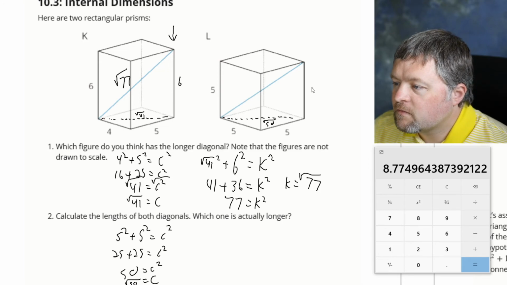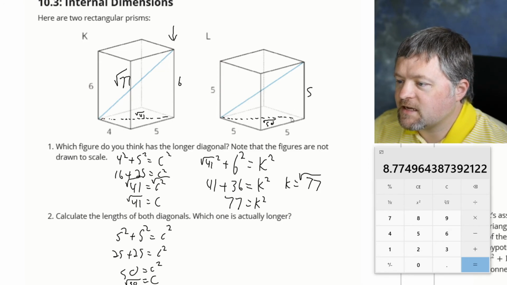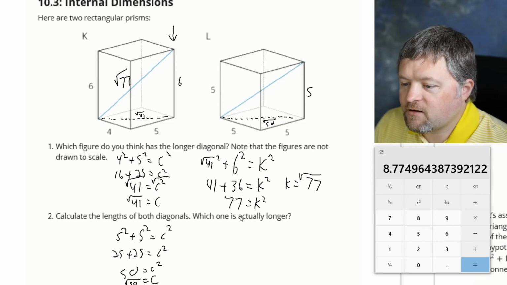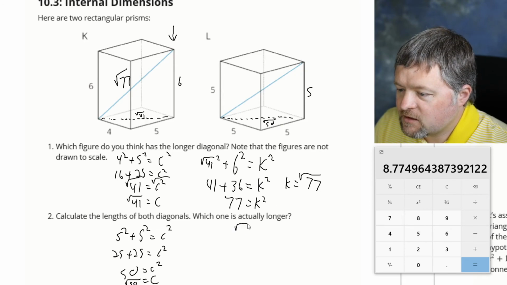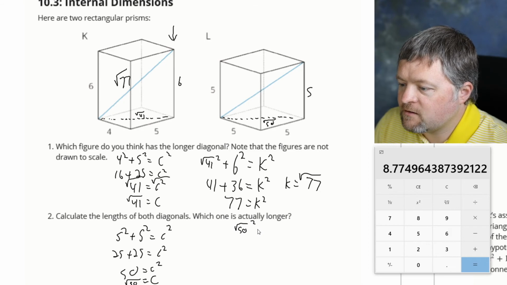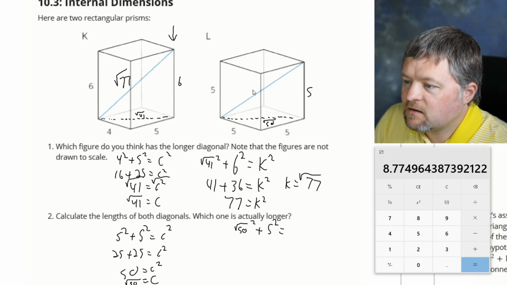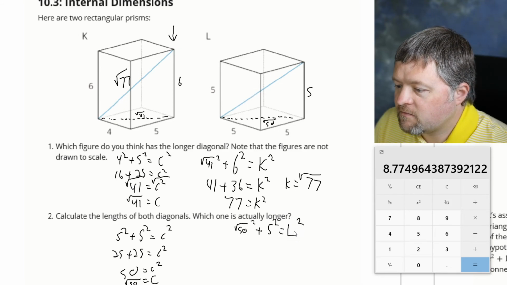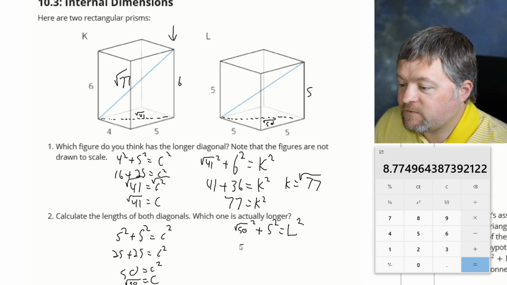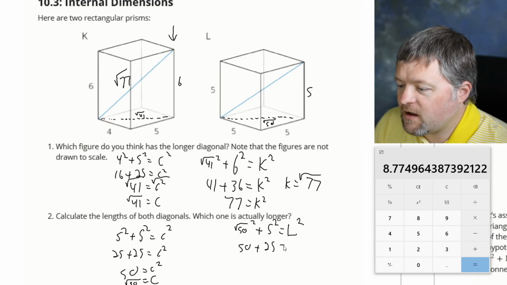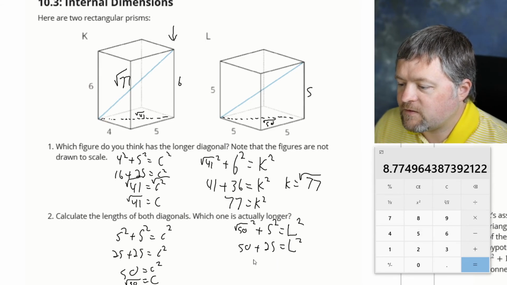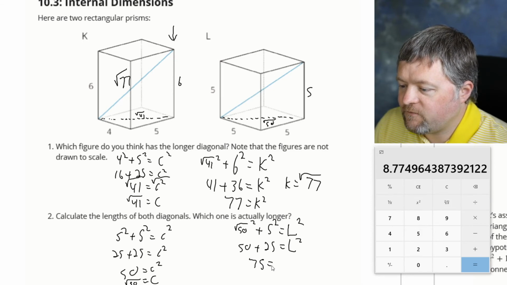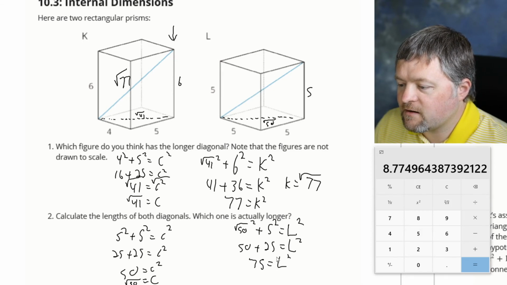Now, that's 5 because it's the same as this height. Use the Pythagorean theorem again. The square root of 50 squared plus 5 squared equals, let's call this one L. Square root of 50 squared is 50. 5 squared is 25. 50 plus 25 is 75, which equals L squared.